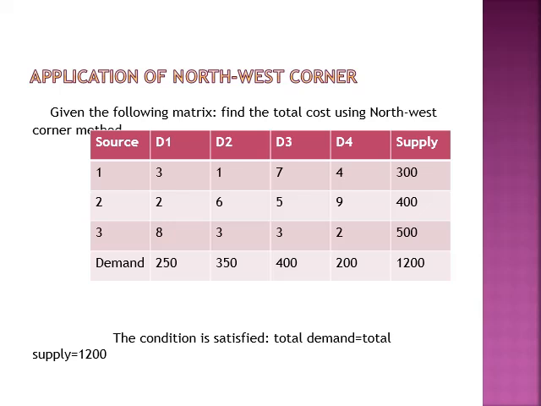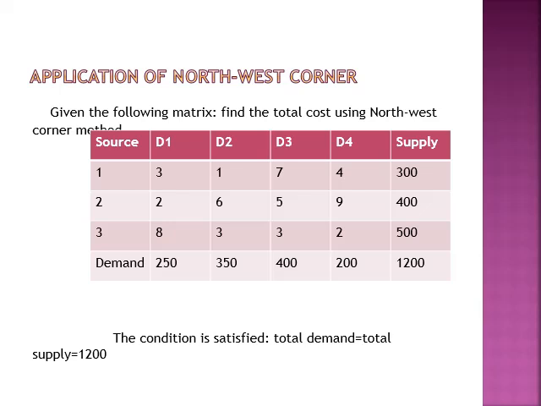We are going to state 50 units near the cost 1, and we will cancel the 300 as we cancel the 250.